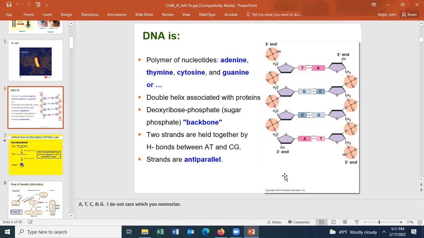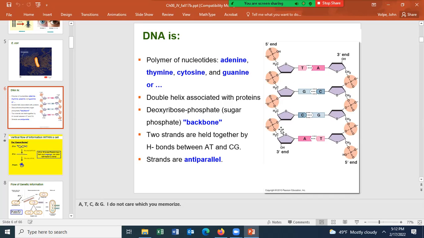DNA is a double helix, meaning there are 2 strands of DNA, and one strand runs this way, the other strand runs this way. Each strand of DNA is connected by a sugar phosphate backbone, meaning this sugar here connects to the phosphate, which connects to the sugar, etc. That's what's holding the single strand of DNA together, and it's covalent bonds of the sugar phosphate backbone.